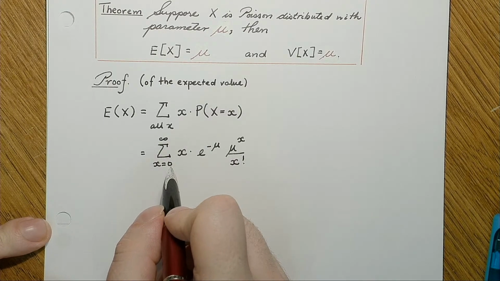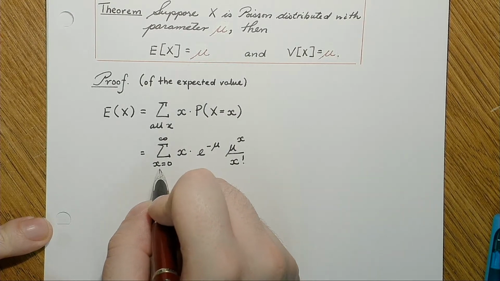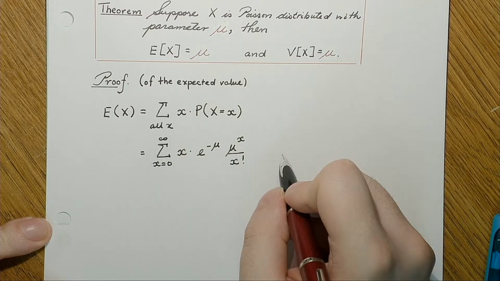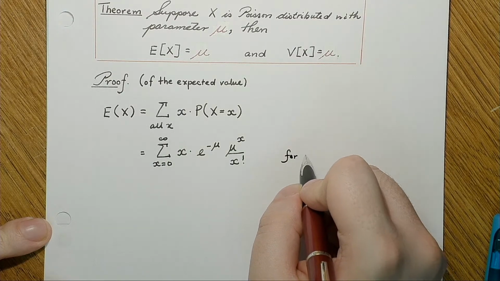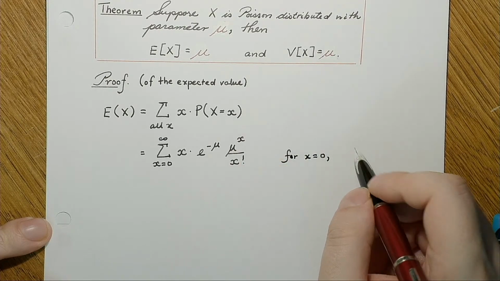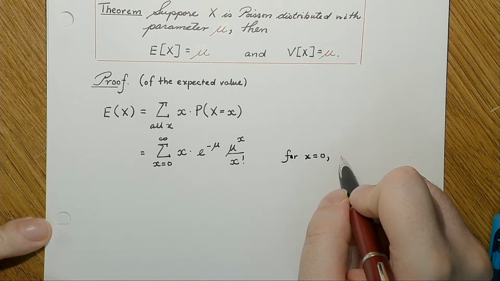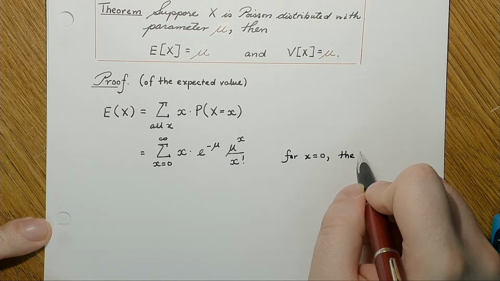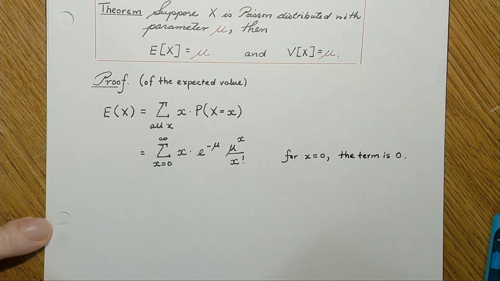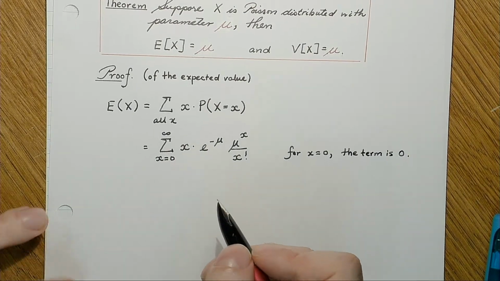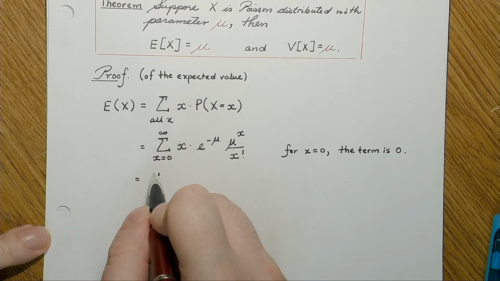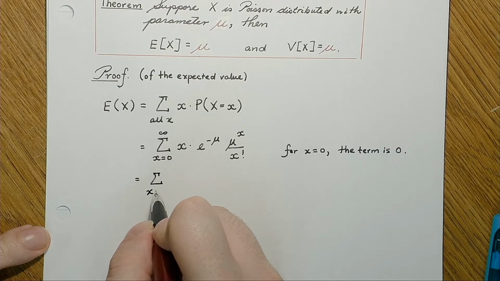Now, what I'm going to do is I can increase my counter up to x equals 1, because for x equals 0, the term is 0, okay? Because of that x. So I'm going to start now at 1.